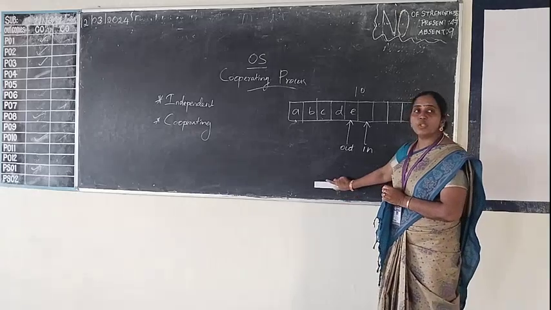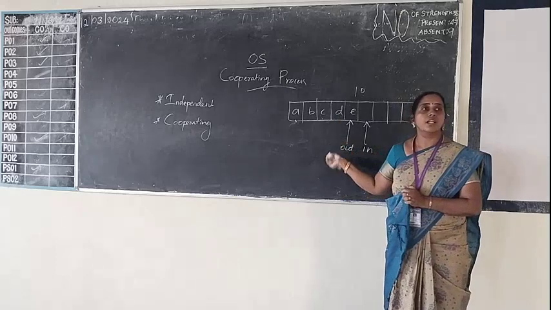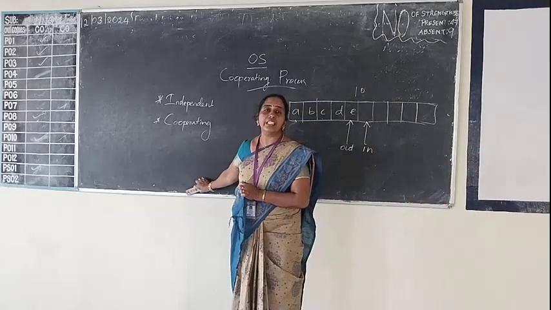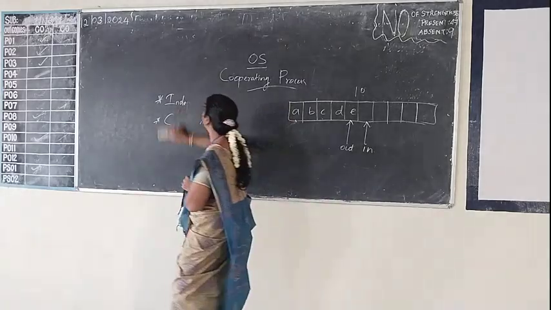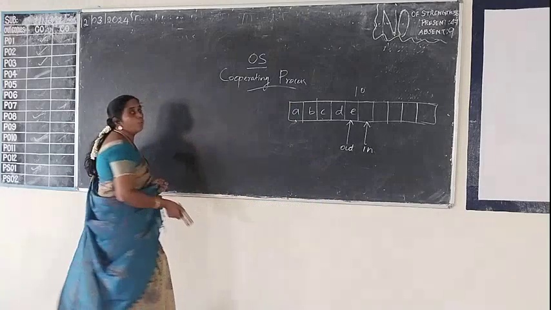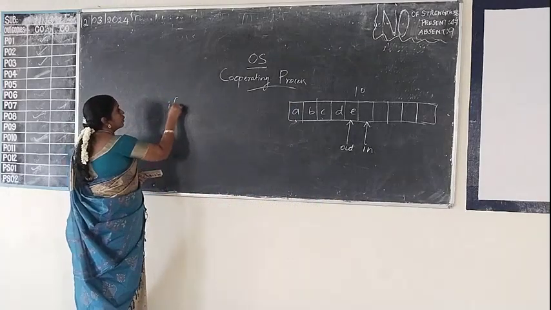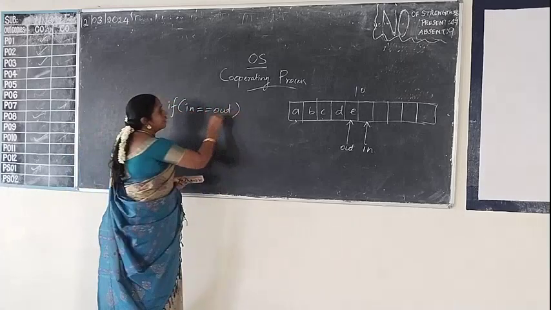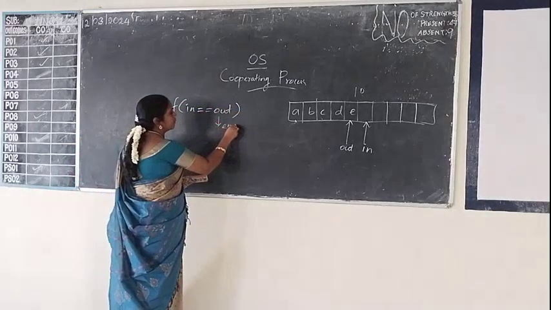To implement this producer-consumer problem, we are going to use conditions for checking whether the buffer is full or empty. If both in and out represent the same value, that is in equals out, then the buffer is empty. This is the condition for empty.